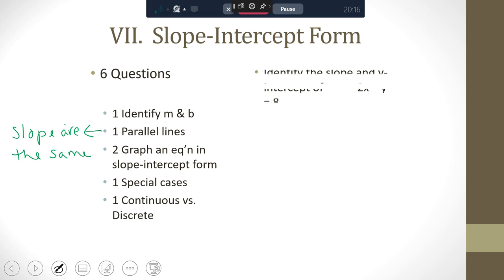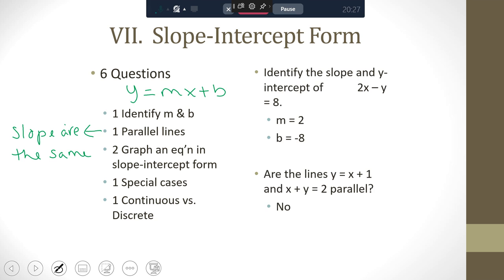All right. When we identify m and b, we need to make sure it's solved for y, in the form y equals mx plus b. So let's identify our m and b here. I need to solve for y, so I'm always going to subtract x over first. Then I get negative y equals negative 2x plus 8.